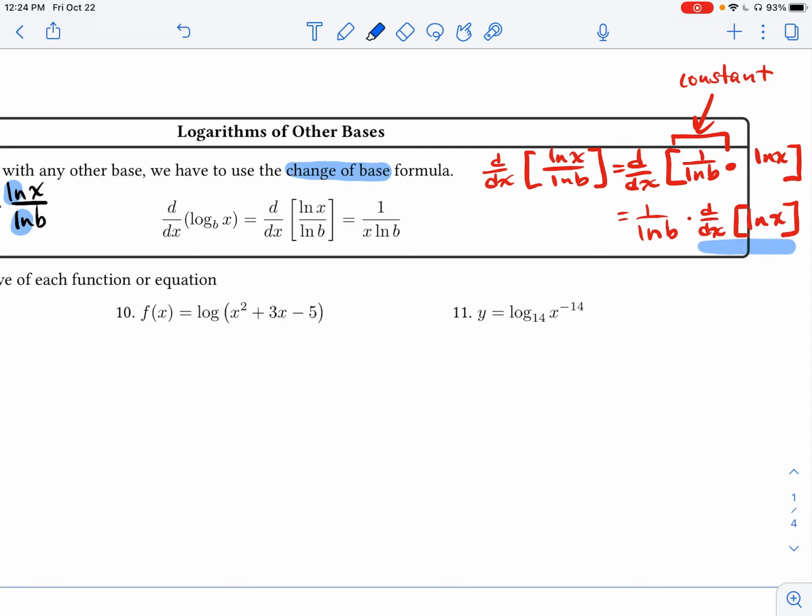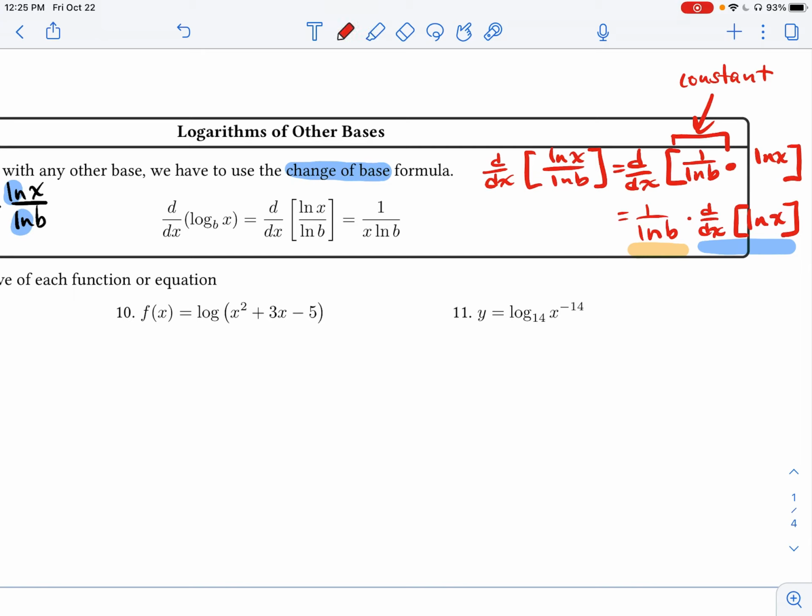All this effectively does is allow us to use the same understanding that we have of taking the derivative of the natural log function, which we've already discussed. We know that's simply going to be x prime over x, or u prime over u, or f prime of x over f of x: the derivative of your argument over the argument itself. Then we just multiply it by 1 over the natural log of your base, which is what we have here. This is just another way of rewriting it.